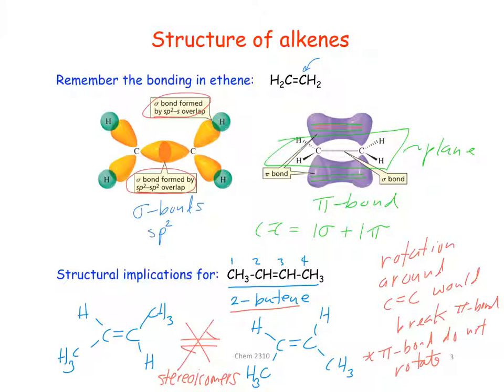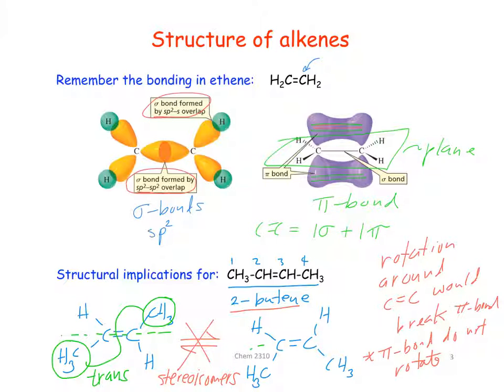All right, so remember how we name these. If we make an axis down the carbon-carbon double bond, if we see these 2 methyl groups, and they're on opposite sides of that axis, we call this trans. It's opposite.